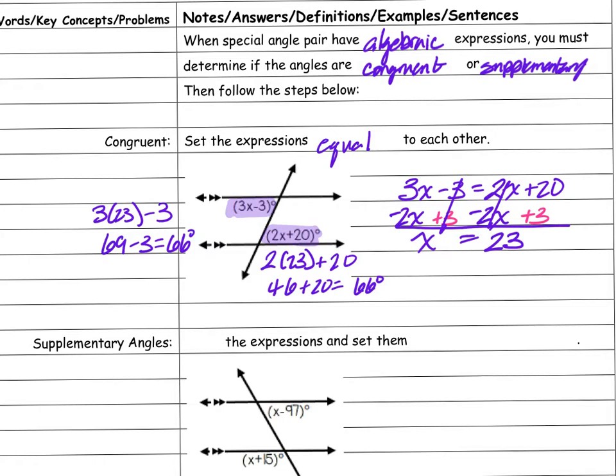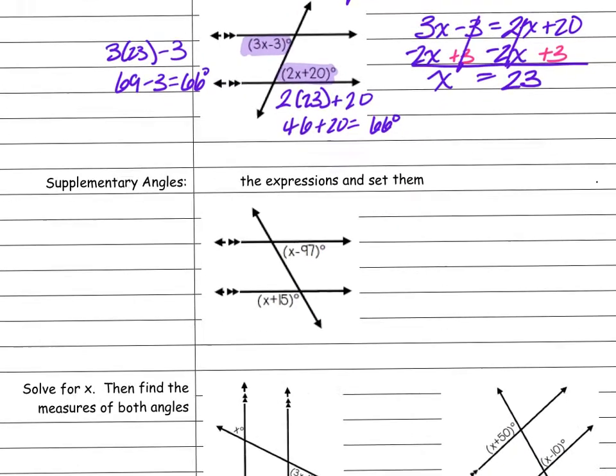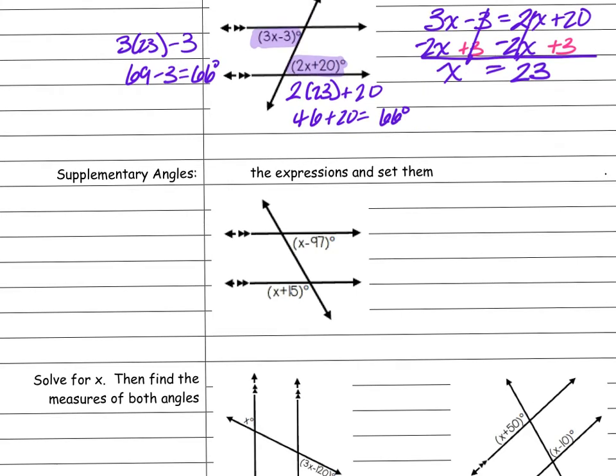Okay. And then let's talk about what happens if they're supplementary. Well, if they're supplementary, we're going to add the expressions and then set them equal to 180, right? Supplementary means they equal 180. So if I look at my expressions, they gave me this one and this one.